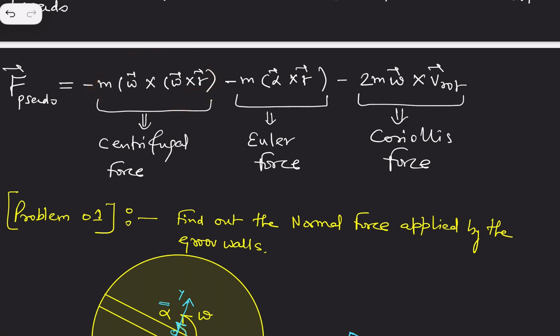The centrifugal force we are going to write is m omega square r. And then we write m r alpha, and it will always be opposite to alpha.